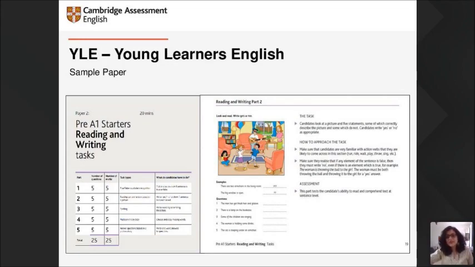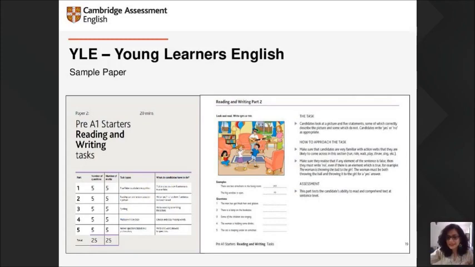So this is a description of the task next to the picture, and this part talks about how to approach the task. Now, this is from the sample paper, and it's very much present in the teacher's handbook. So you needn't go anywhere. In fact, the handbook even has tips to prepare students for the exam.